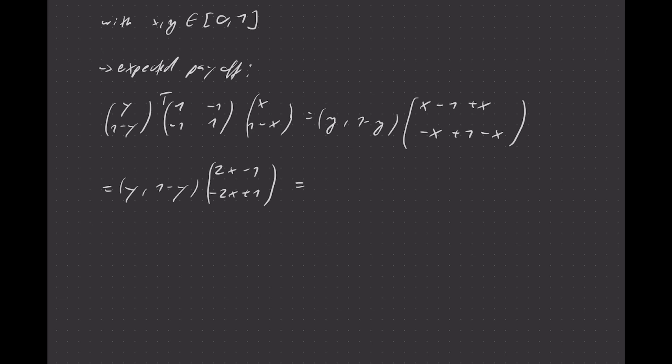So what happens here? Well, we get y times 2x minus 1 plus 1 minus y times minus 2x plus 1.